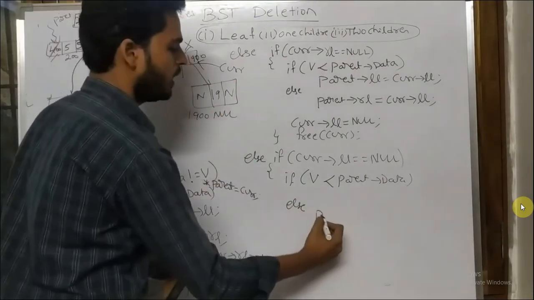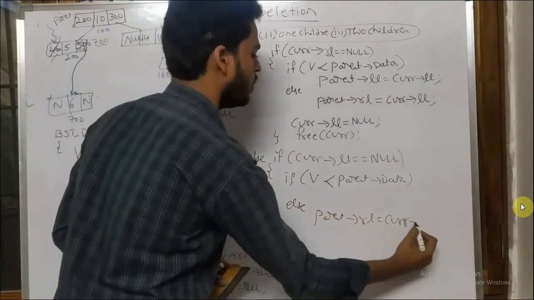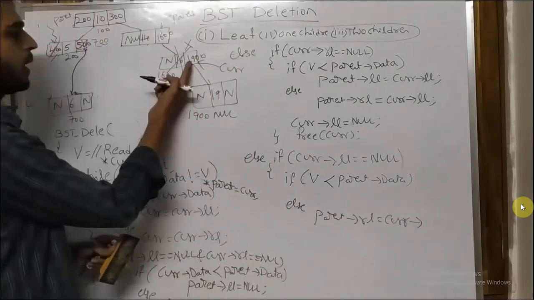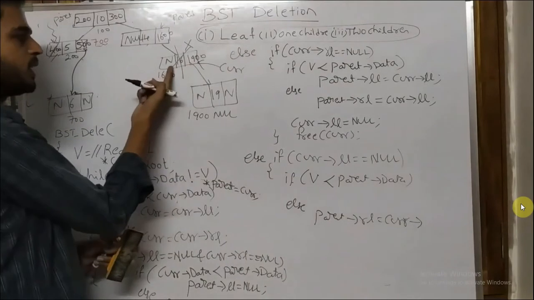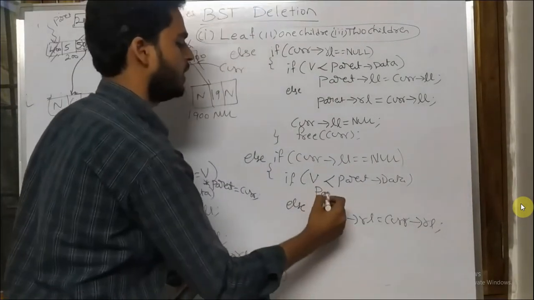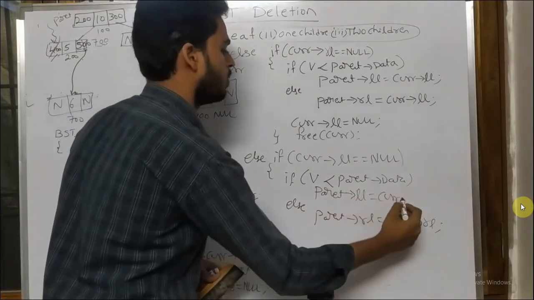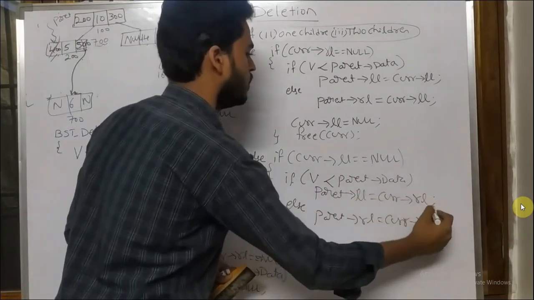So I am going to write parent's right link equal to current's right link. Why? Because obviously current's left link is null, so I need to modify the right link. Otherwise, parent's left link equal to current's right link.